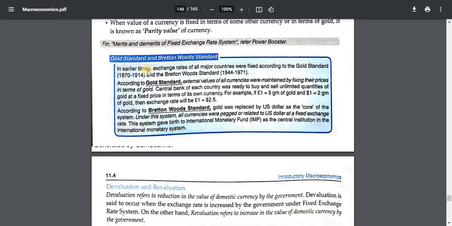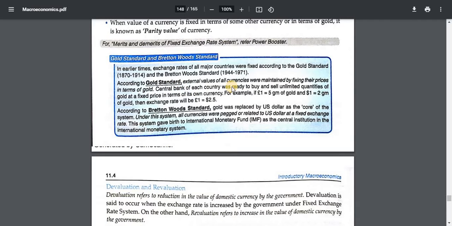Gold standard and Bretton Woods standard. In earlier times, exchange rates of all major countries were fixed according to the gold standard, 1870 to 1914, and the Bretton Woods standard, 1944 to 1971. According to the gold standard, external values of all currencies were maintained by fixing their prices in terms of gold.